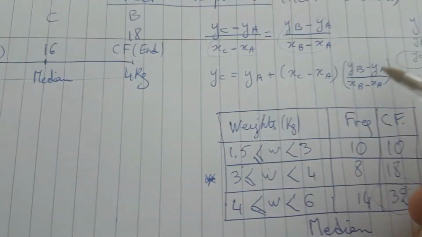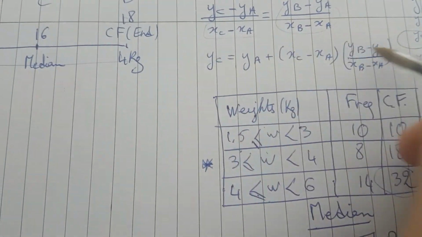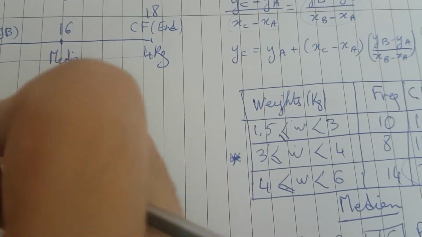Using the same formula, I'm going to do it step by step. YC is the median.